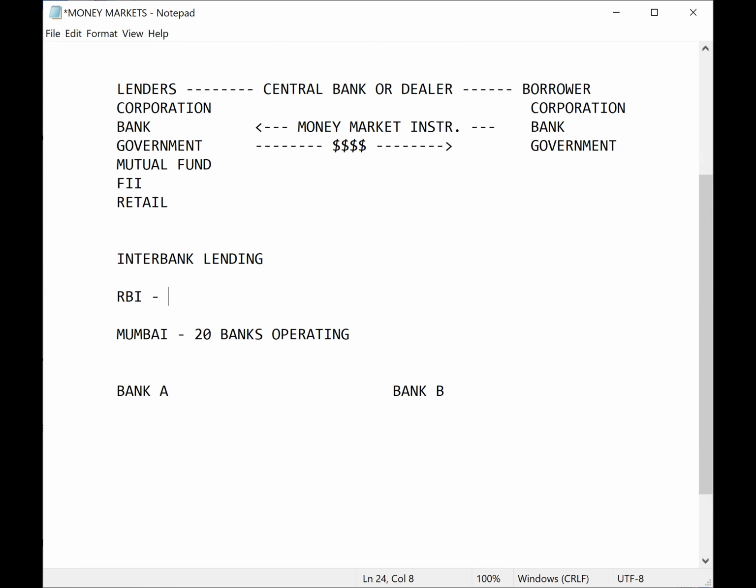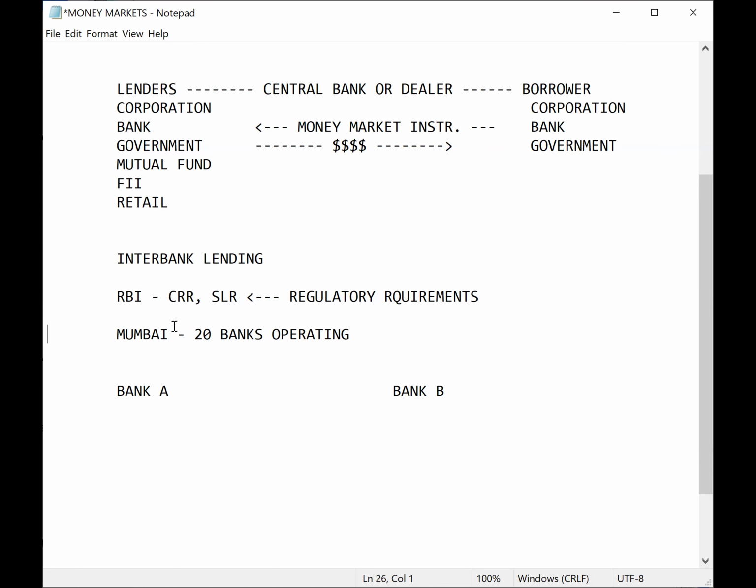So what RBI does to ensure all this is to maintain certain CRR and SLR ratios for the banks. These are regulatory requirements which every bank registered with the RBI has to follow. They have to maintain certain ratios to make sure there is no panic and no shortage of funds in case the depositors ask for their funds back.